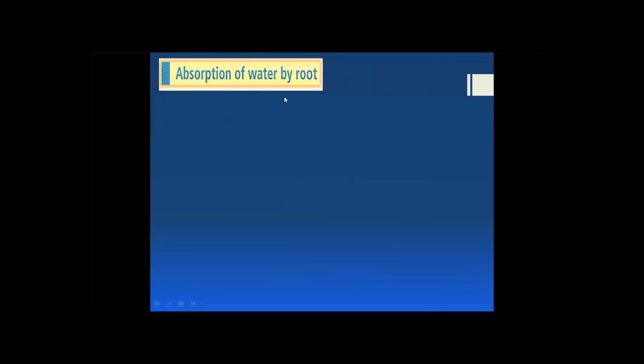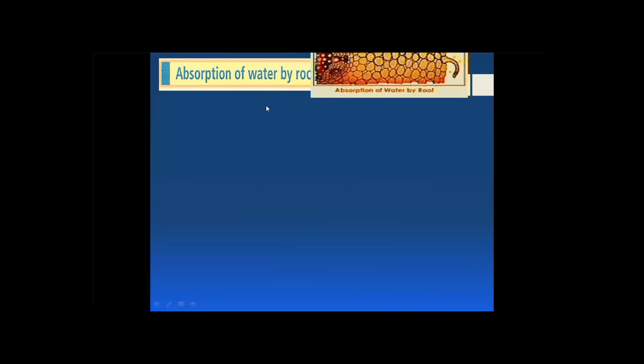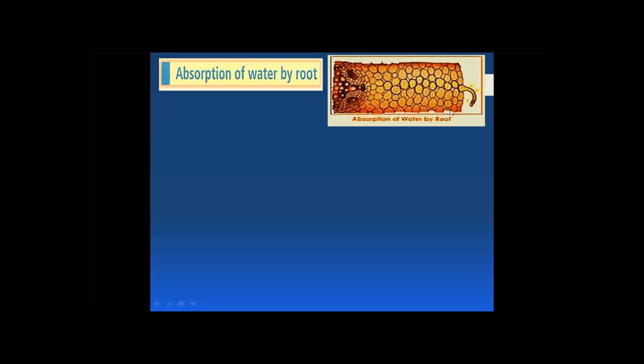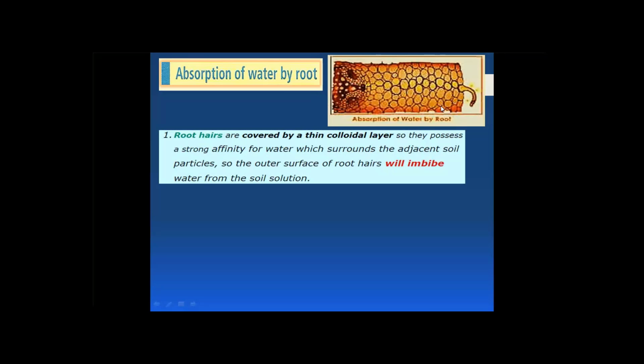Second, absorption of water by roots. As we see in the picture, the root hairs are covered by a thin colloidal layer, so they possess a strong affinity for water which surrounds the adjacent soil particles. So the outer surface of the root hairs will imbibe water from the soil solution.